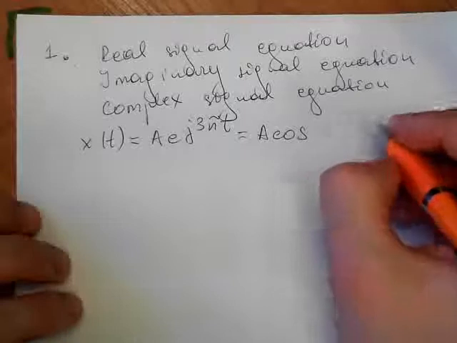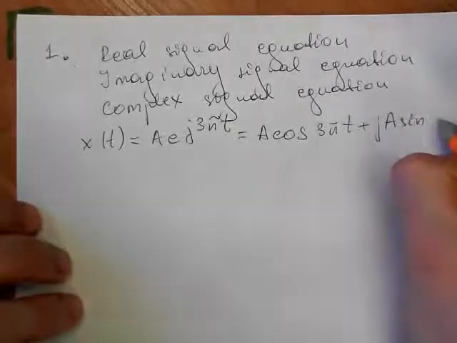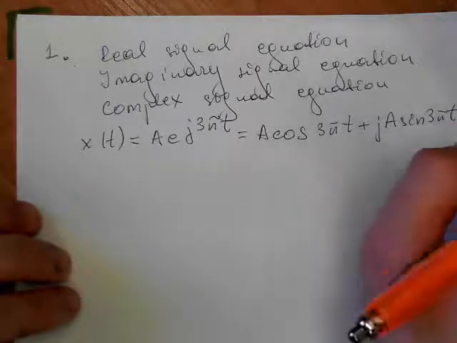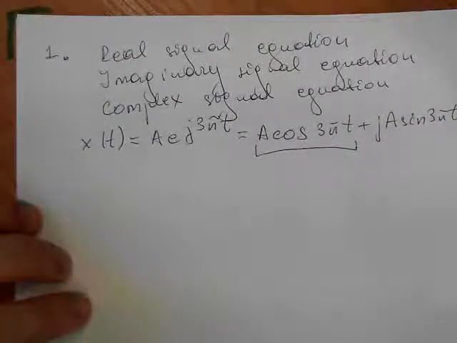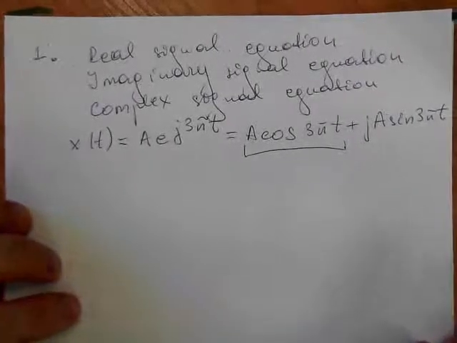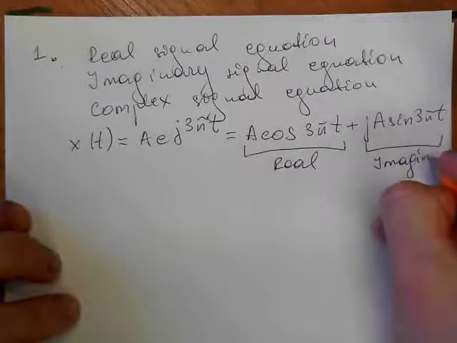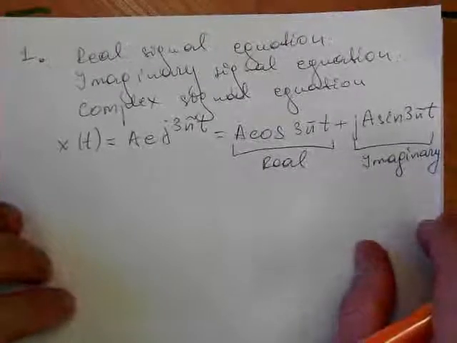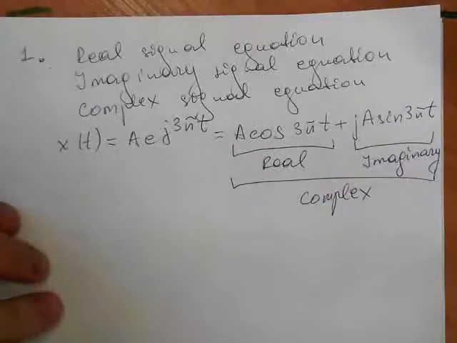So A cos(3πt) plus jA sin(3πt), and this is the real part of the signal, this is the imaginary part of the signal, and altogether this signal is called complex, so having real and imaginary parts.